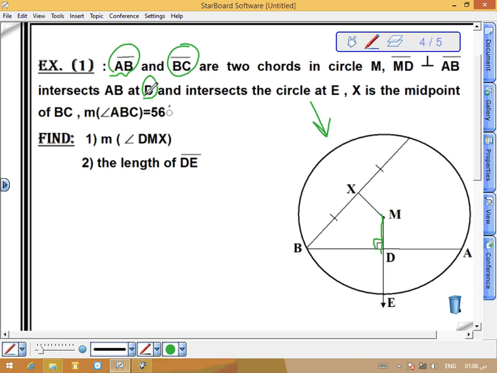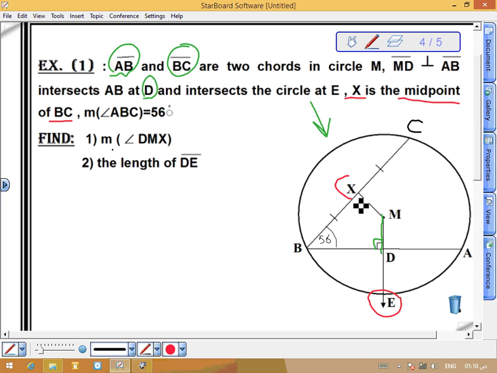Also, MD intersects the circle at the point E. Also, we have that X is the midpoint of BC.